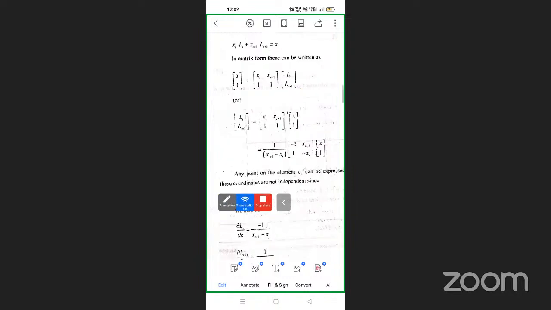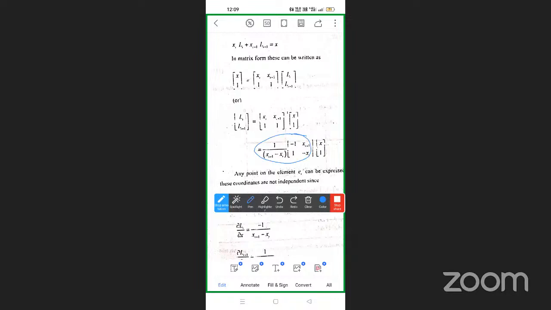The 2 by 2 matrix inverse is the adjoint of A by the determinant of A. So this is the determinant xi minus 1, xi plus 1 minus xi. So the adjoint of A is minus 1, xi plus 1, 1 minus xi into x1. So this is A inverse.